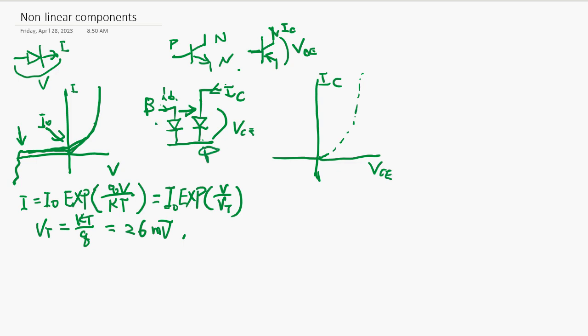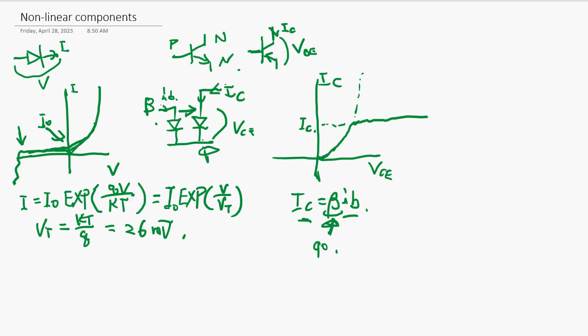And how is it controlled? This goes up to a certain level, then it saturates. And this saturation current is IC, and this IC is roughly beta times IB. That means whatever current you inject, beta is the amplification factor. Roughly, if beta is 90, I see 90 times the current flow here.